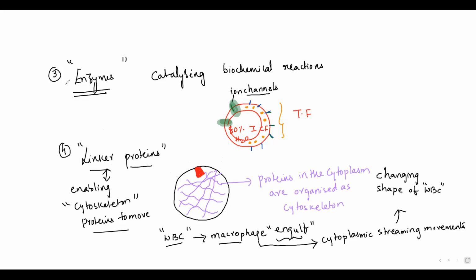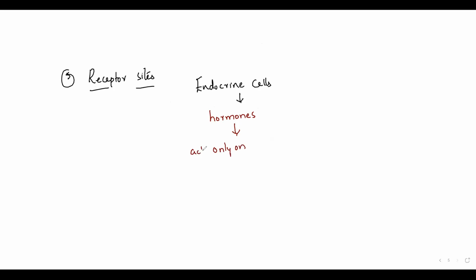And next we have another type of proteins which are called the receptor sites. They are going to act as receptor sites. So children, we all know that our endocrine gland cells are going to produce their specific secretions, which are called hormones. And these hormones are going to act only on the target cells, right?